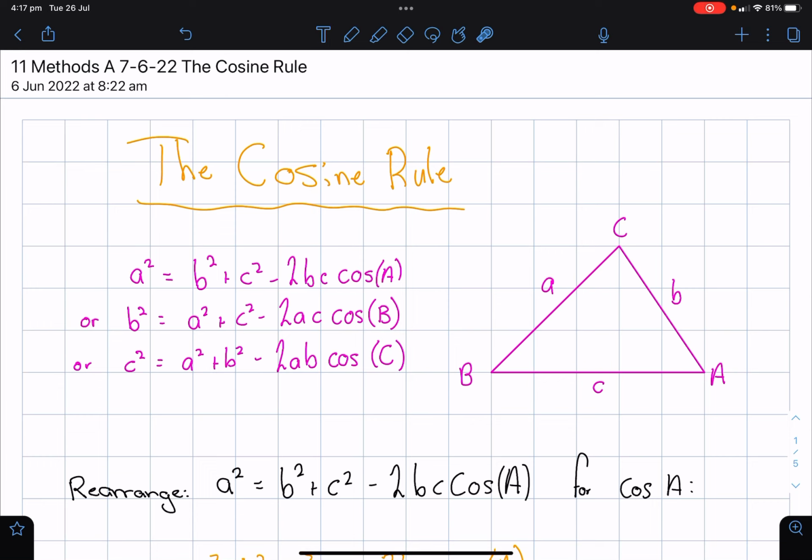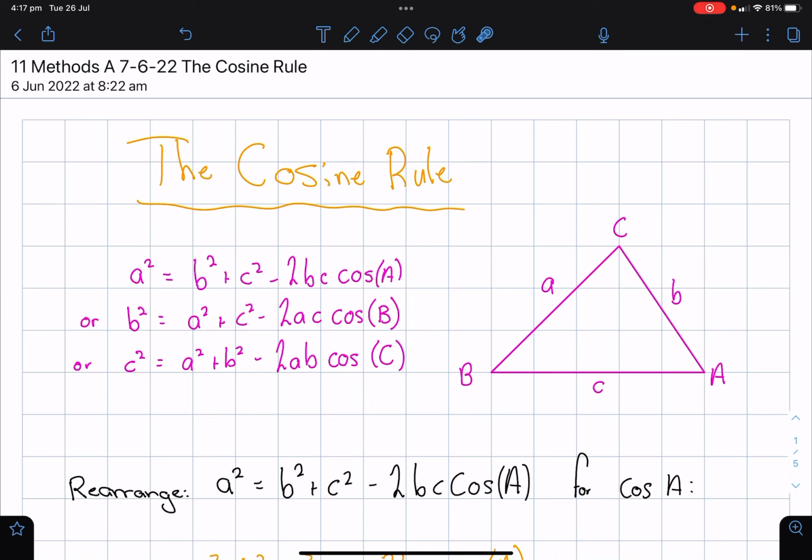Okay, so a squared, if we're looking at our reference diagram here, the length a squared is equal to the length b squared plus the length c squared minus 2 times by length b times by length c times by cosine of the opposing angle to the side we are finding.